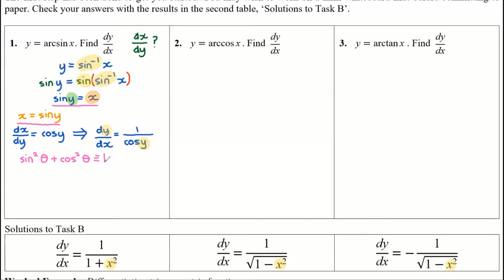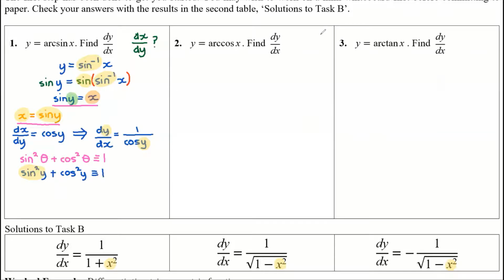So therefore, in this situation, I know that it doesn't matter what I call the angle, sine squared y plus cos squared y is identical to 1 also. But I know something about sine squared y. I know that sine squared y is exactly the same as, because it's here, x squared, isn't it?